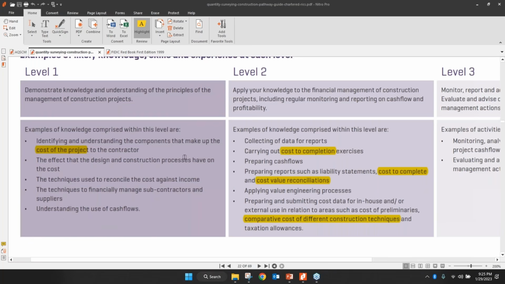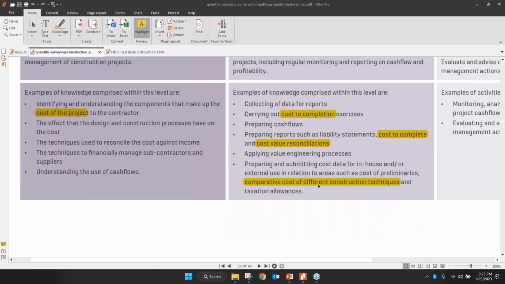So in the lump sum contract, and in the next class we are going to learn about the remeasure and the cost reimbursement contract, it's going to be totally different. If you don't have this knowledge, are you able to understand this particular part? No. Carry out the cost-to-completion exercise under the lump sum contract and under the remeasure contract, that is not the same, it's different. Paying the payment, cost variance reconciliation, right?